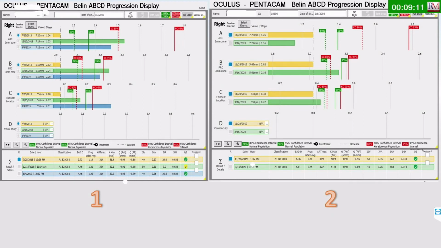The ABCD grading is an excellent tool for progression of keratoconus or even post-LASIK ectasia, now that we have the software to assess post-LASIK ectasia with both ABCD and Corvis. The green flags represent the normal population, while the red flags represent the keratoconic population.